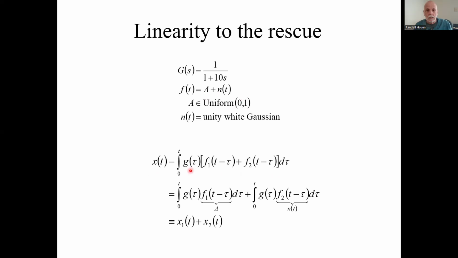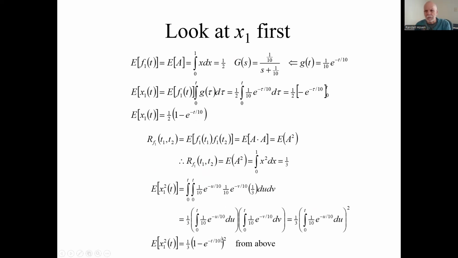We've got the system weighting function, which is going to come from the transfer function, and a sum of two inputs. But we can break that up into two integrals. In effect, we have an output due to the first input and an output due to the second input, and we just analyze them separately. Once we want the total output, we just add those two things up. So let's look at that first guy.